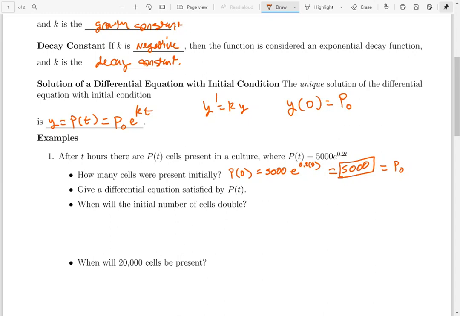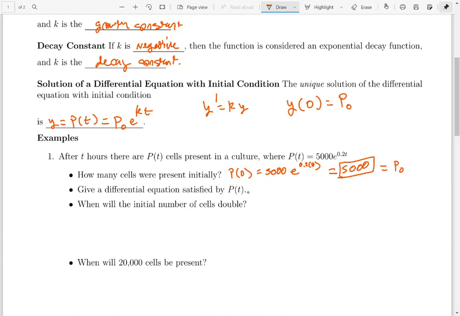So now what we want to do is give a differential equation satisfied by P of t. Now, don't get too stressed out about this. Remember that really we know what this is. Specifically, that equation is going to be our function prime is equal to k times the function.